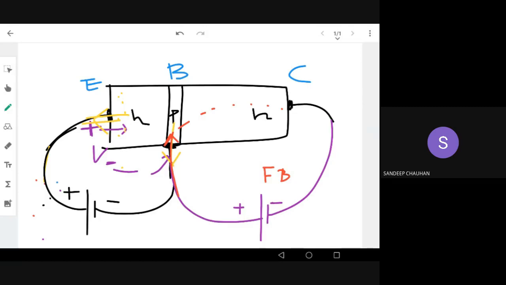Transistor action is not here and there is no current in the transistor. The emitter current is zero, right? So this region of operation is the cutoff region, I think.